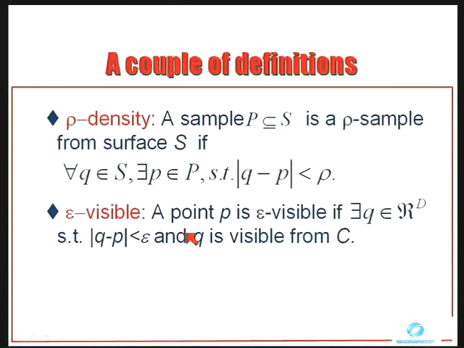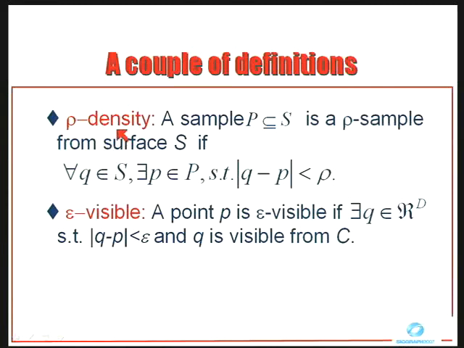Unfortunately, in real life we don't have the whole surface, and once we have sampling, it can no longer be true that the set of points marked visible is really contained within the set of visible points. So we have to define a more practical visibility, and to do this, we define epsilon visibility.